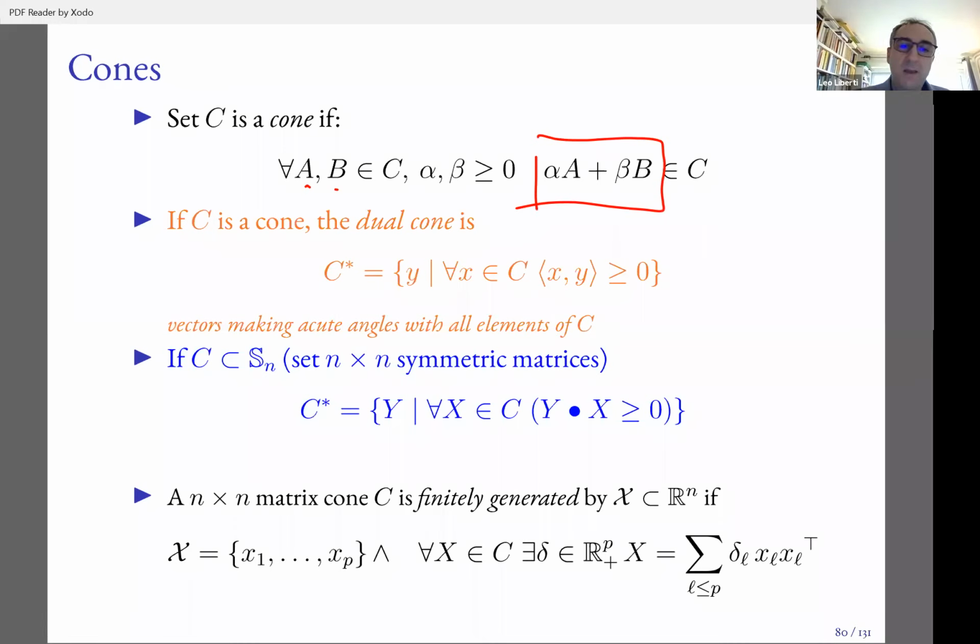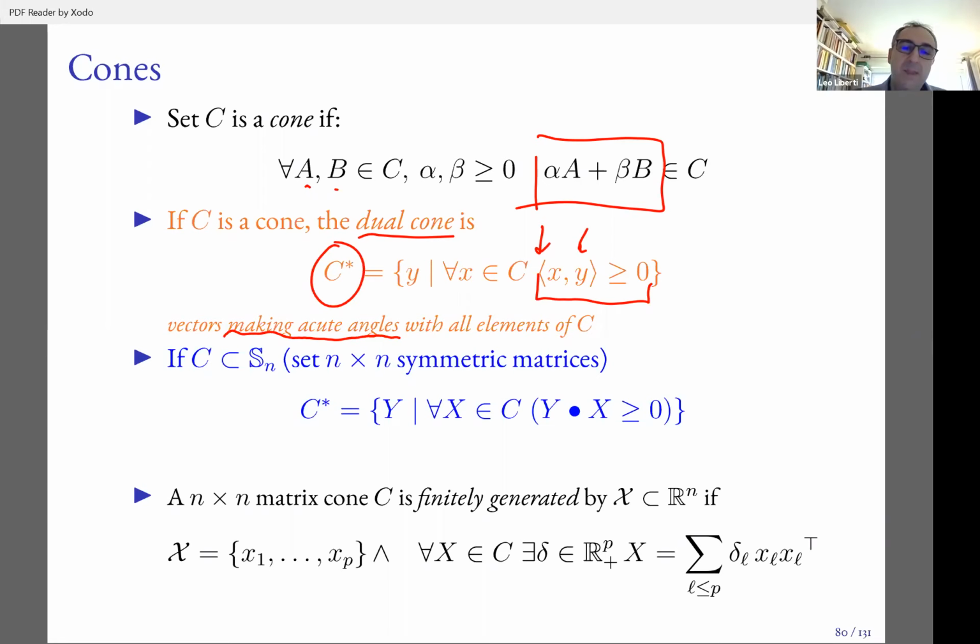And if C is a cone, the dual cone to this cone is called C star, and this C star is composed of all the elements that, taken as vectors, make acute angles in a certain sense with all the elements of C. This is what's really meant by acute angles. Of course, this inner product does not need to be interpreted as a Euclidean entity, but by analogy let's just say that these define acute angles.